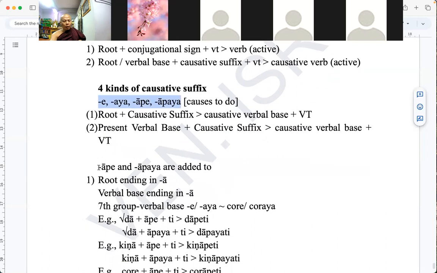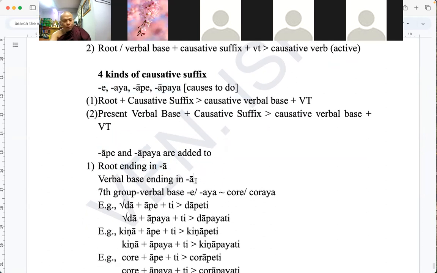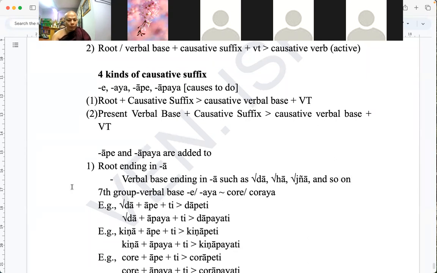Apei and apaya are added to the root ending in a short vowel, such as ruda, ruha, jana, and so on.